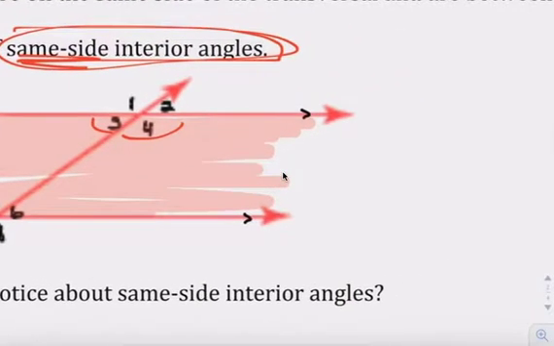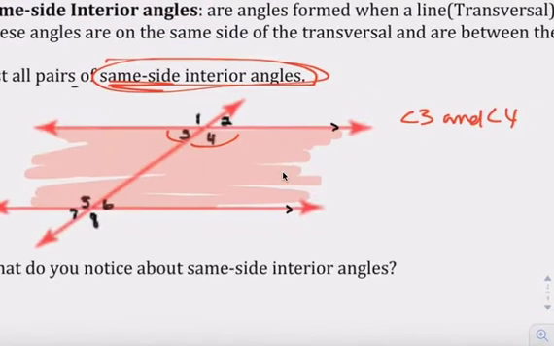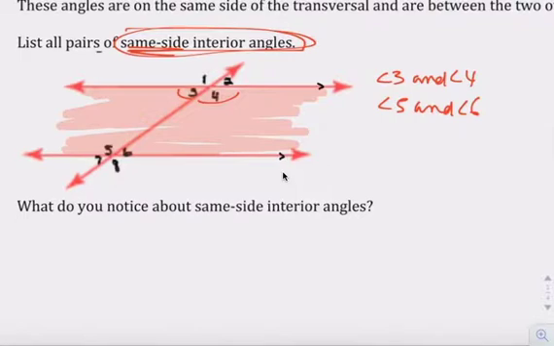Okay, same side interior is angle 3 and angle 4, and angle 5 and angle 6. What do you notice about same side interior? What do you notice about these? They equal 180 degrees. That's called supplementary angles.